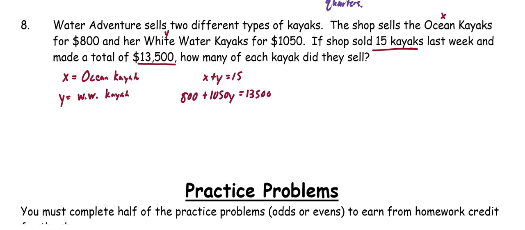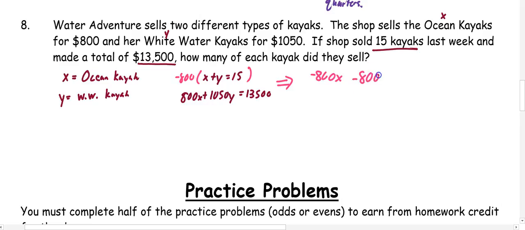So now I need to get one of my variables to eliminate. In order to get them to eliminate, I need to multiply one of them. So I decide I want to eliminate my x's. So I need to cancel out with positive 800. So I'm going to multiply by negative 800. So when I multiply, I get negative 800x minus 800y equals negative 12,000. And I'm going to rewrite the second equation.